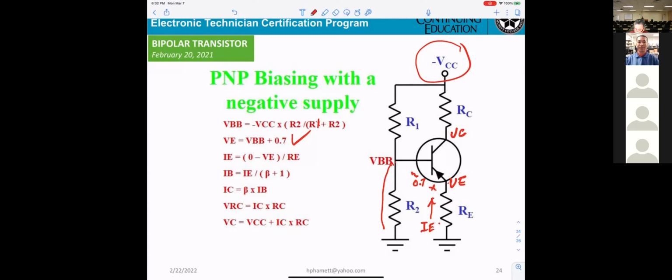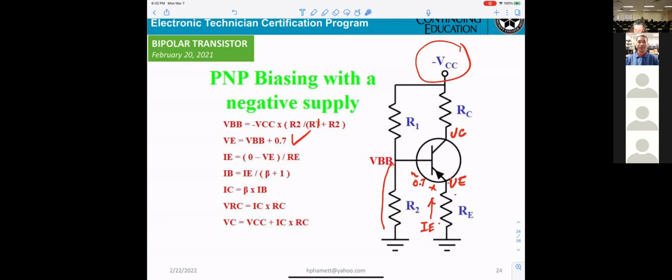Mr. Pham, just now when you said something, you didn't use your cursor, so we didn't see what you were doing. Okay, we'll try to find out. Basically, you already get the VE, and this is ground. So to calculate IE, you take VE divided by RE. You see that?